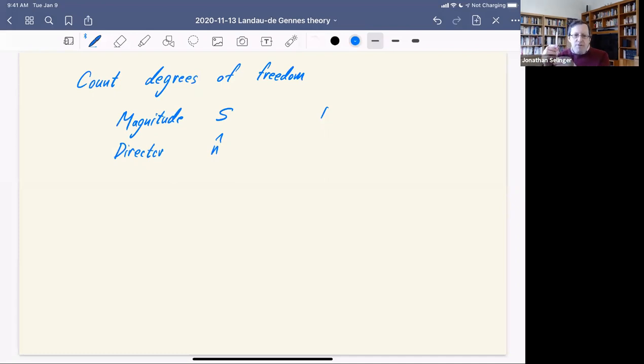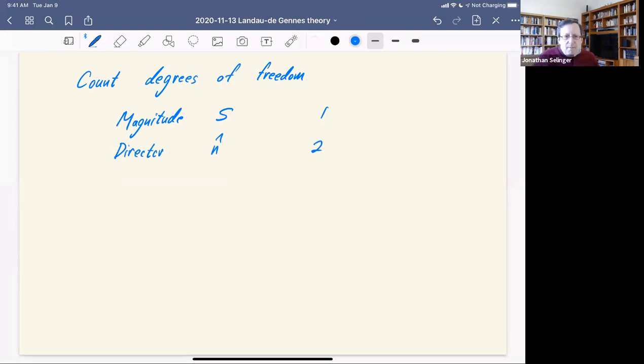So to describe a unit vector, you need to say, what's the angle going down from vertical? And then what's the angle going around in the XY plane? What's usually called theta and phi. So the director n has 2 degrees of freedom.